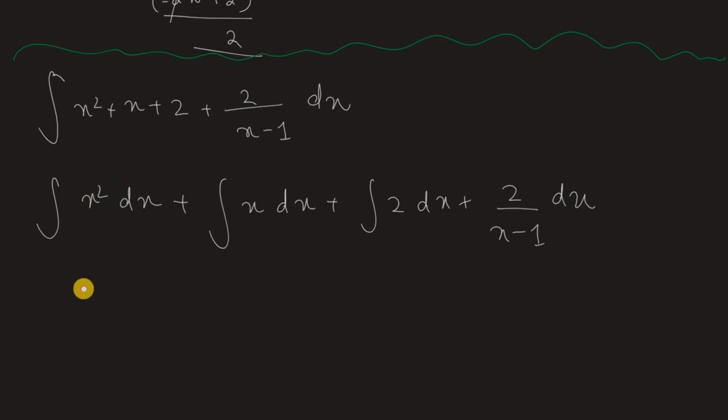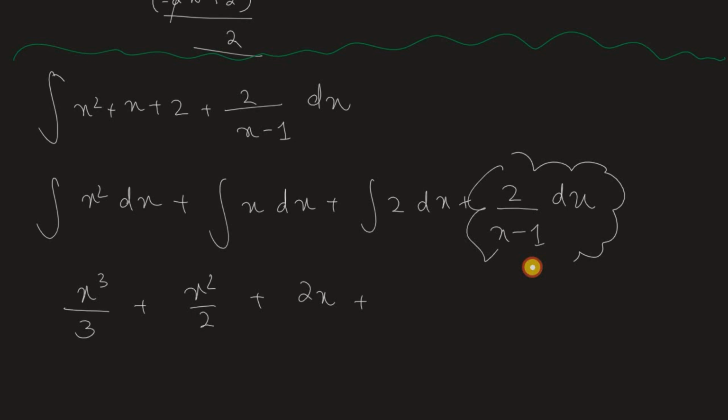So I can integrate this, so that's simply x cubed over 3, plus this is simply x, so that's x squared over 2, plus what's the integral of 2? Integral of 2 is 2x, since it's a constant. And then here we have this thing over here, and we need to do some work to find the integral of this one.